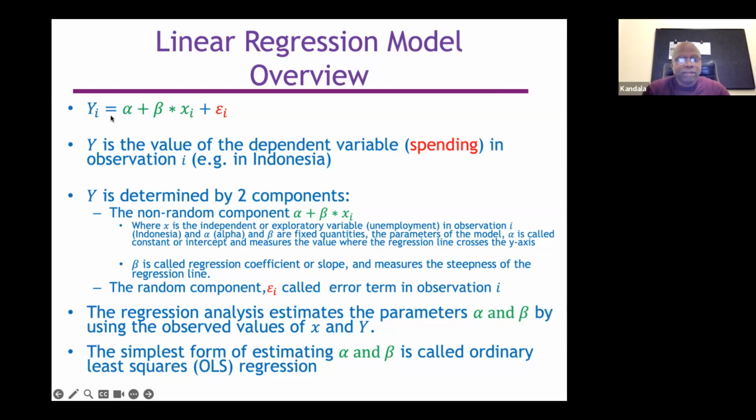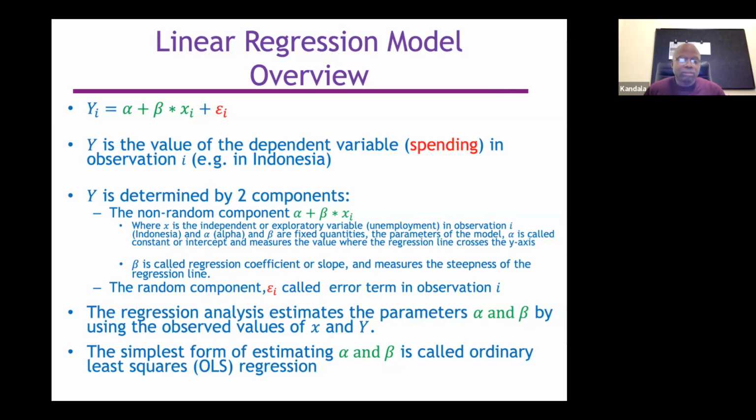Here we have the constant, alpha, which is usually the average of Y when X is equal to 0. The beta is called the regression coefficient or the slope, and usually measures the steepness of the regression line.